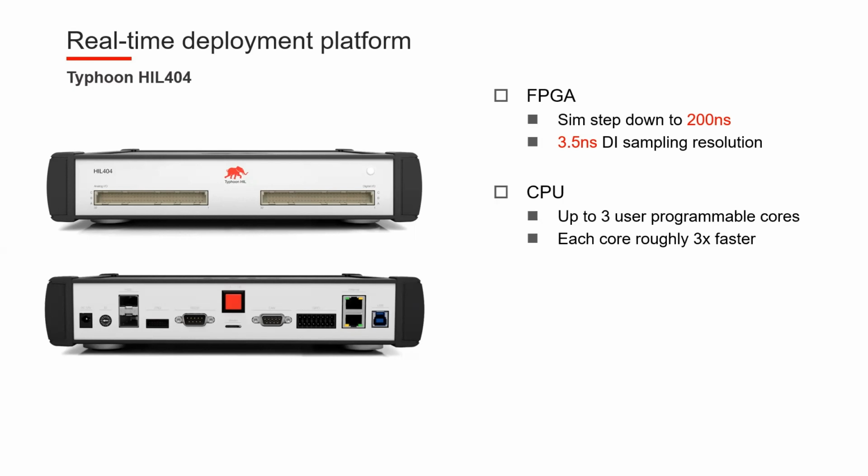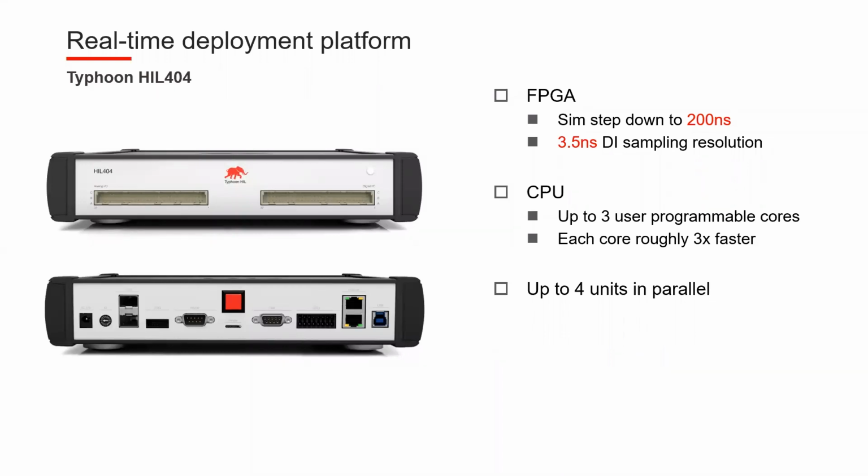Now, besides the FPGA, there is also a general purpose CPU inside with up to 3 user programmable cores, which can be used to simulate some slower processes like control, where we don't need such low time steps. So like some control processes, some mechanical, thermal, and so on.